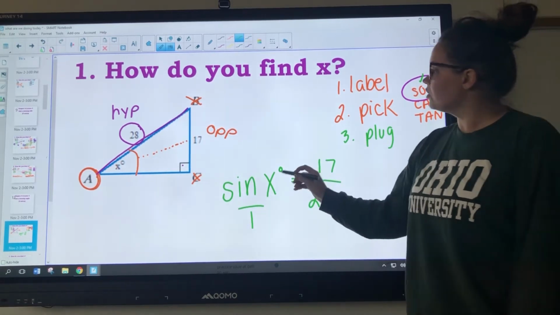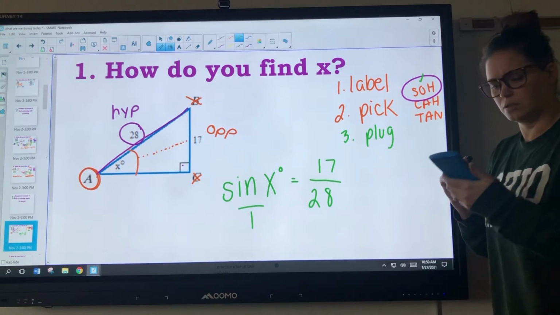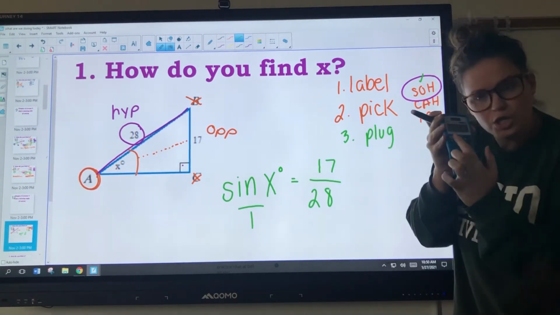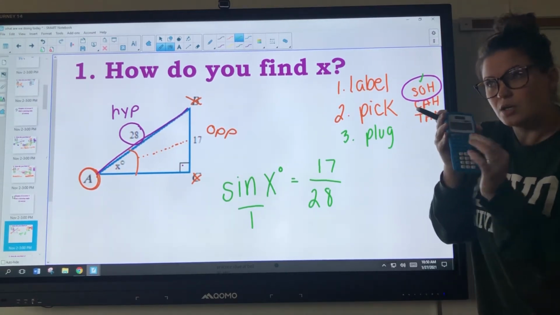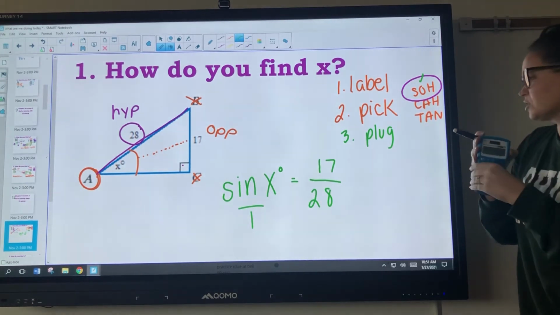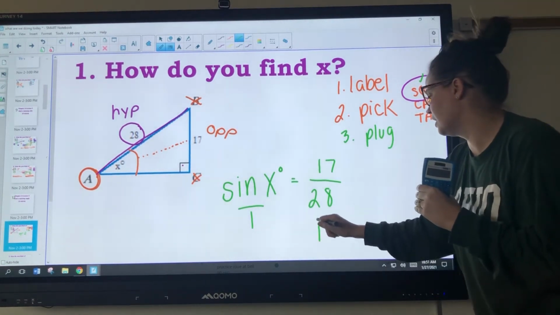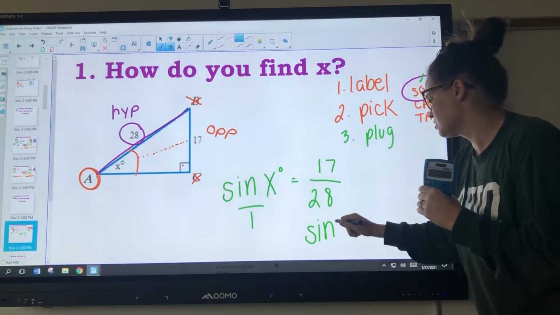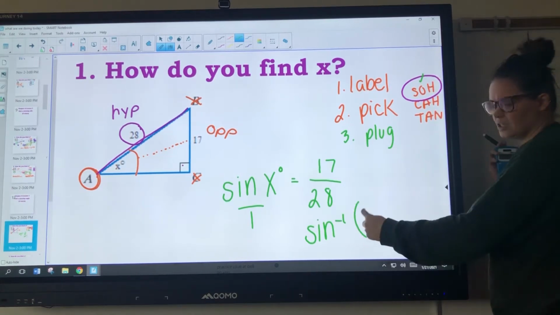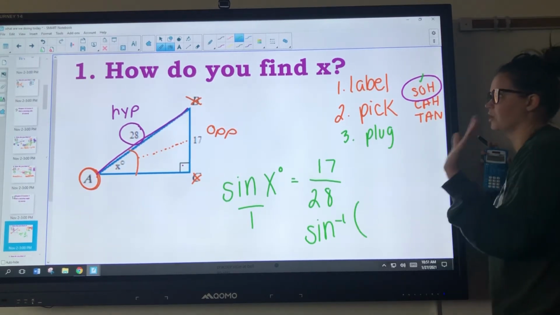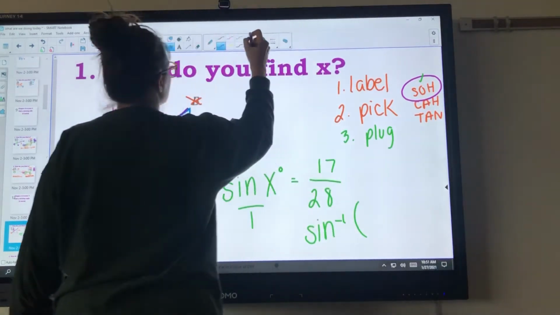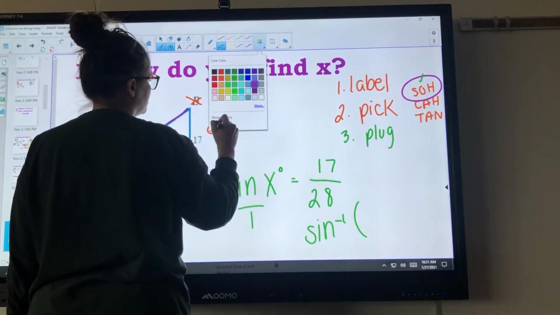To find an angle, you have to hit the second button, right here, at the top left of your calculator, or on the Desmos calculator, it'll say sine with a -1 on it. You have to hit that button. I'm writing that somewhere really big.